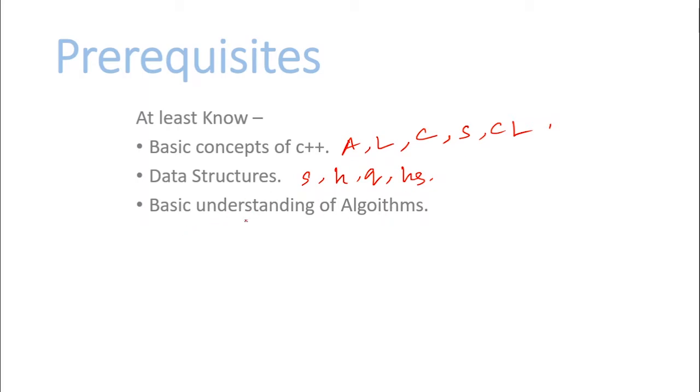And the third thing is you should know what the basic algorithms are. For example, you should know how to sort, or you should know how to search, or these kind of basic algorithms, because without learning these things directly, implementing these functions is going to affect your productivity at the end. So without further introduction, let's get started.